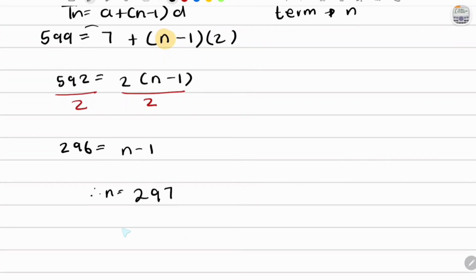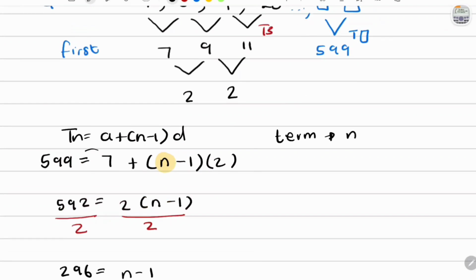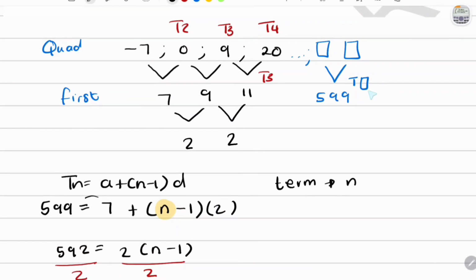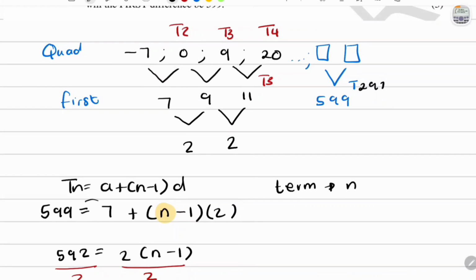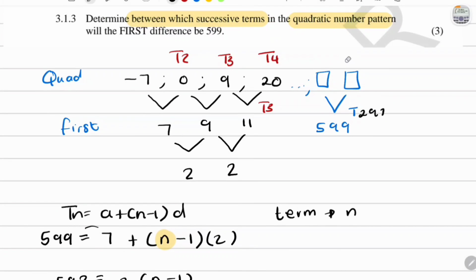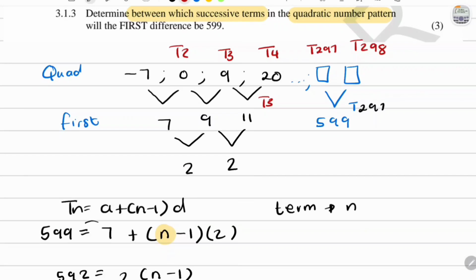So now we know term 297 is this one here, right? If 297 is the term belonging to 599, then between which two consecutive terms in the quadratic pattern would this number lie? That would be term 297 and term 298. So it's going to be like that, okay? Same term and the one after it.